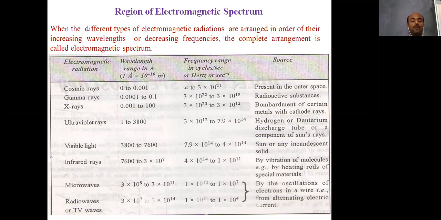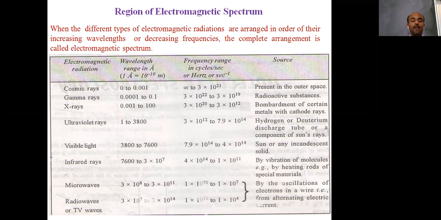Next, the visible region: 3800 to 7600 angstrom is the wavelength range. 7.9 × 10^14 to 4 × 10^14 is the frequency, and the source is the sun or any filament lamp, such as a tungsten filament lamp. Infrared comes next to visible.